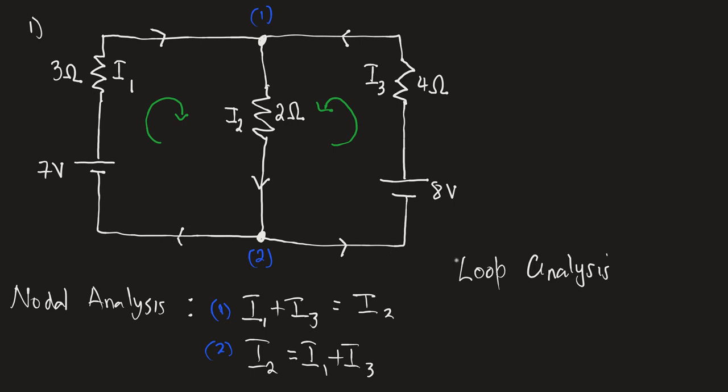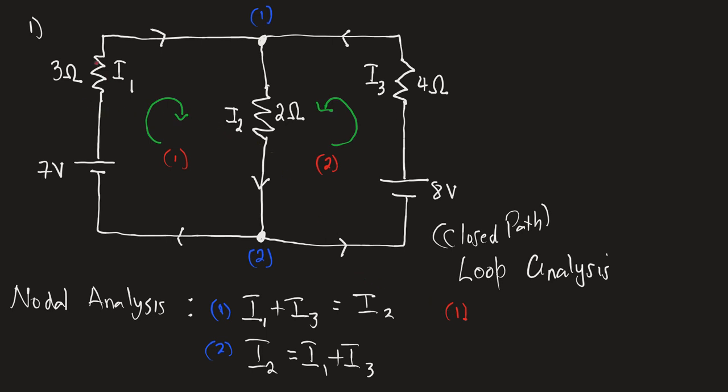So when I use the word loop in this context, I'm using it essentially as a synonym for closed path, right? So let's start. So let's say this is, I guess we could label it if we wanted to label it. So let's say this is loop 1 that goes essentially the left half of the circuit here, and then this would be loop 2. So let's look at what happens around 1.